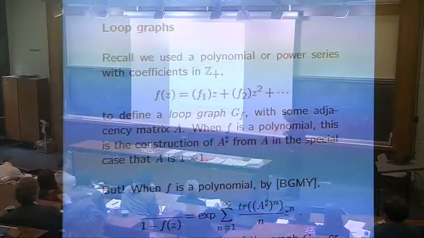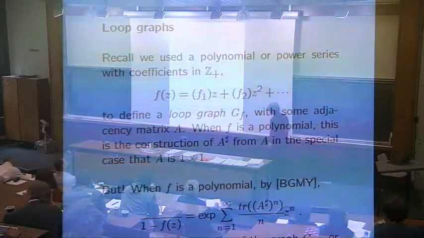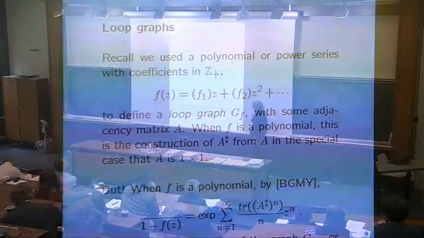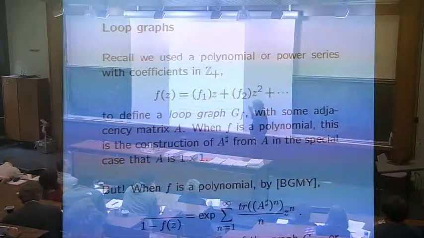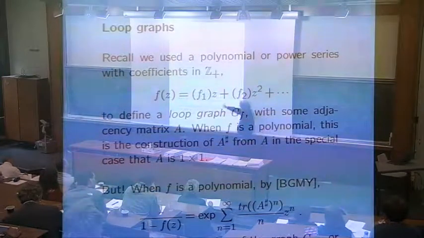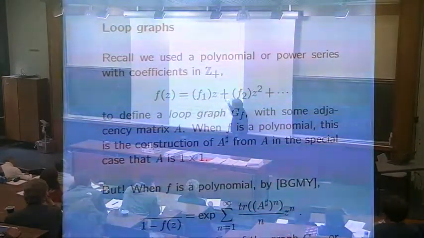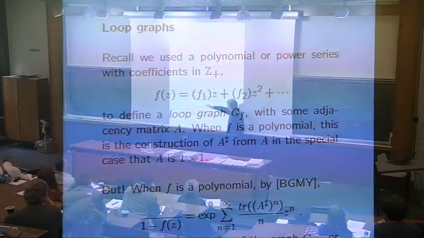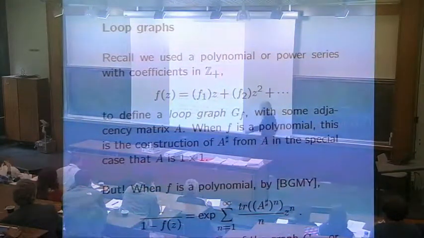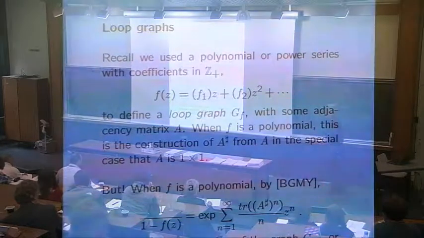Now, when f is a polynomial, this theorem of Bloch, Guckenheimer, Misiurewicz, and Young tells us that the zeta function associated to this unlabeled graph is the reciprocal of 1 minus f of z. That's what their theorem was telling us.